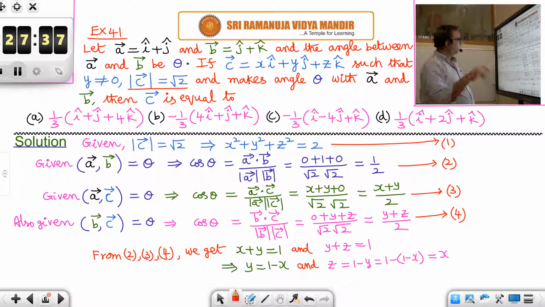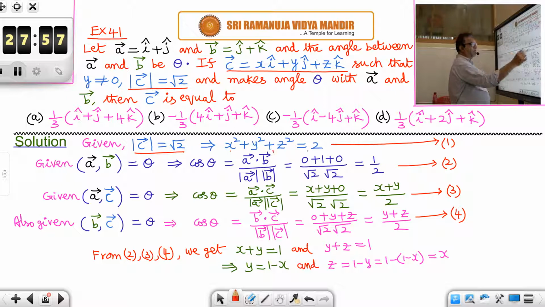Its magnitude is also root 2. Okay, 3 vectors of the same magnitude he wants. So mod c bar is root of x square plus y square plus z square, that is equal to root 2. Squaring both sides you will get x square plus y square plus z square is equal to 2. Let us call that equation number 1.